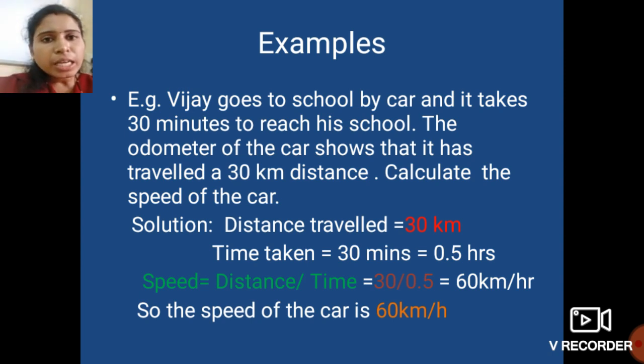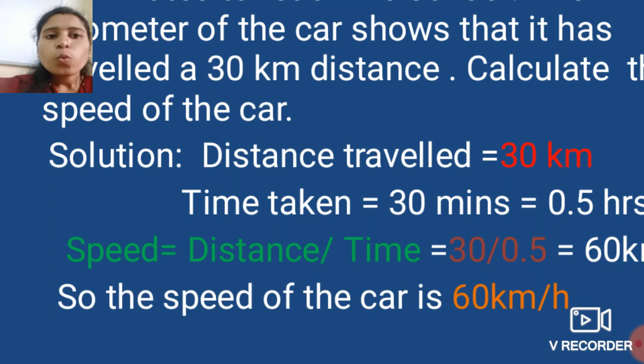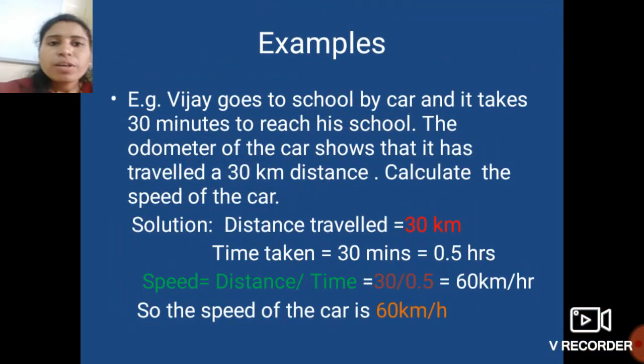Here I again recall: the formula for speed is distance upon time. See over here, in green color, it is the formula for speed. So we can solve one example of speed depending upon this calculation.